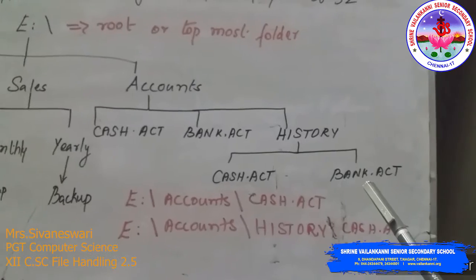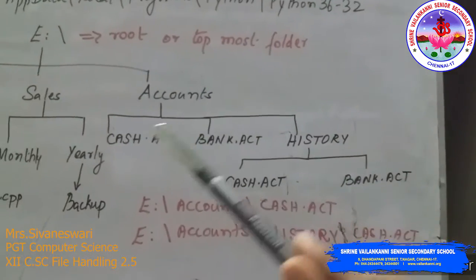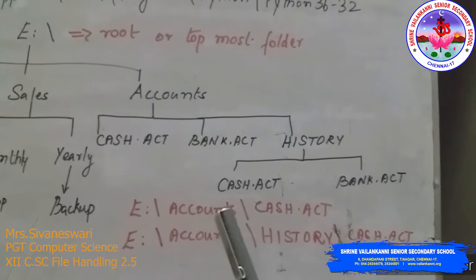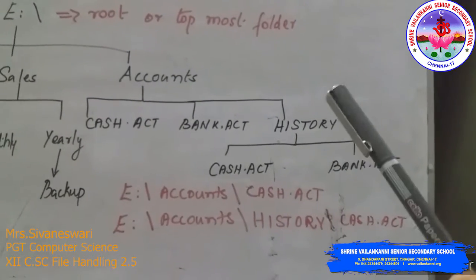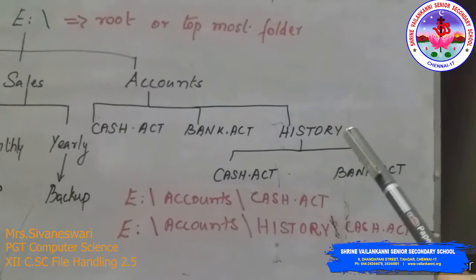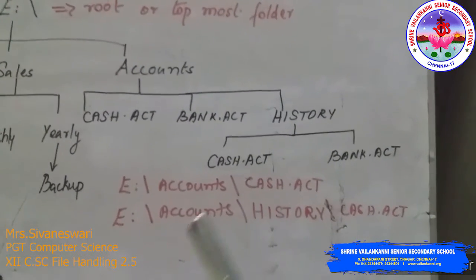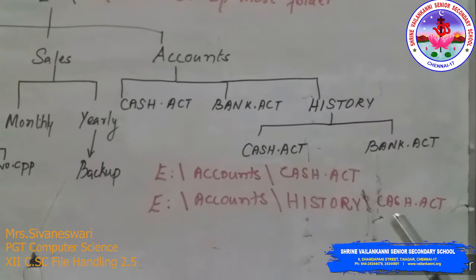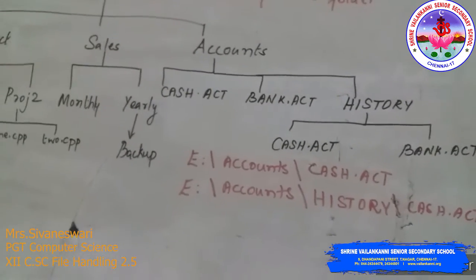When we try to access cash.act under accounts, we have to specify E:\accounts\cash.act, and when we try to access cash.act under history, we have to specify E:\accounts\history\cash.act.